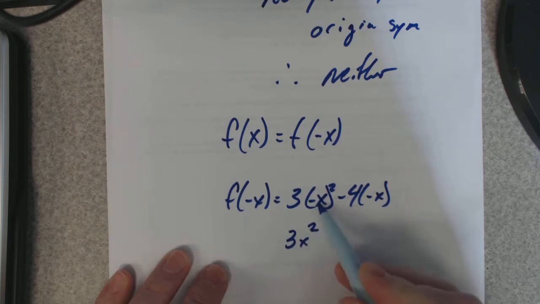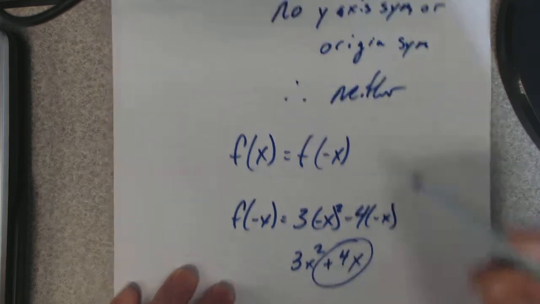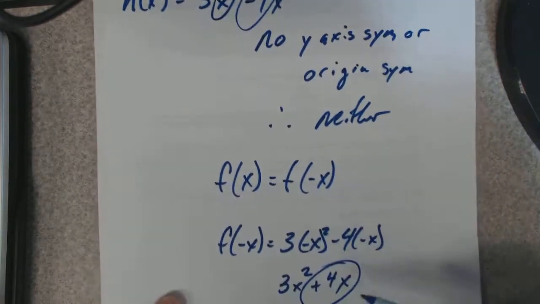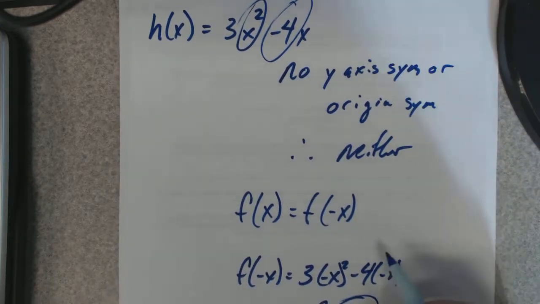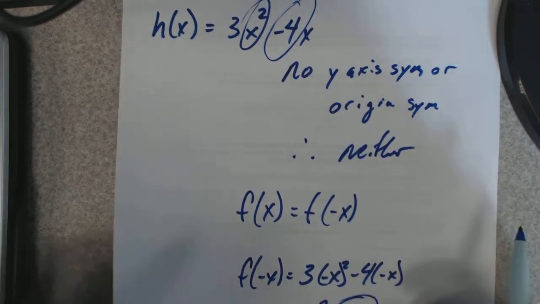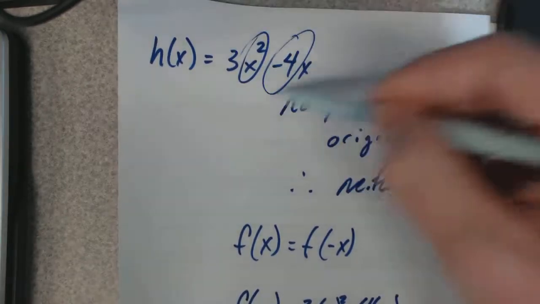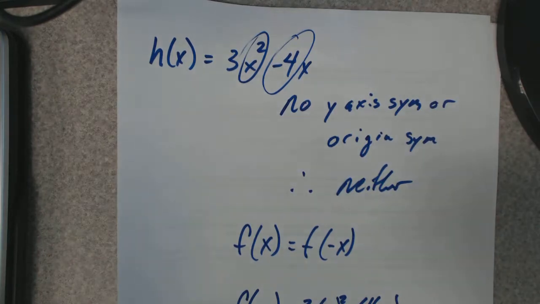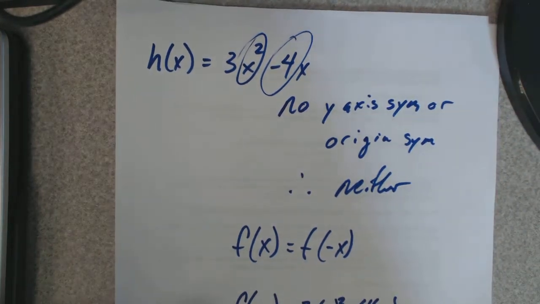Now, negative 4 times negative x is a positive 4x. There's the difference. It's not exactly the same thing that you started with. So it's not going to be even, and it didn't change all the signs, so it's not odd. So it's neither. I prefer the graphic method, but hey, choose your own.